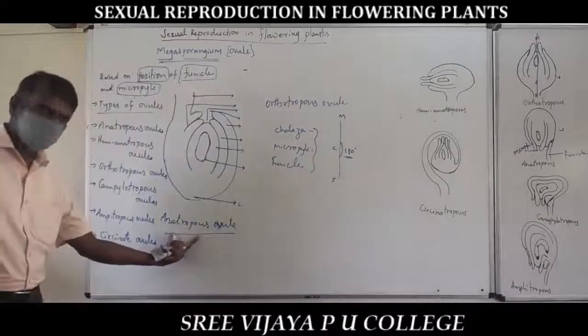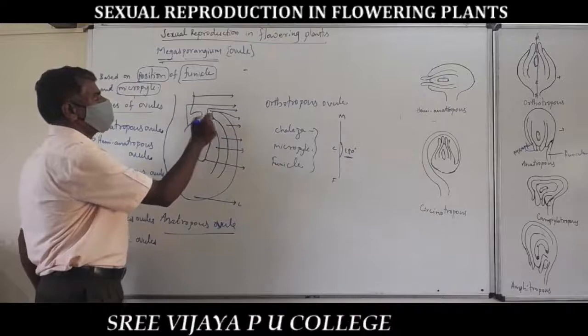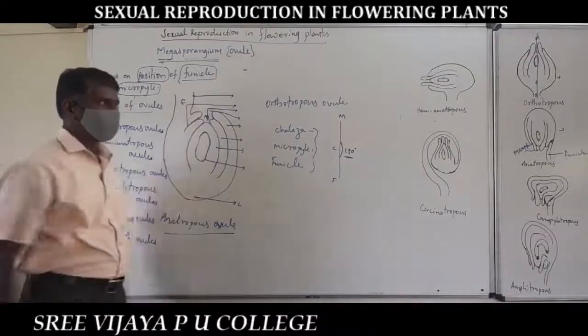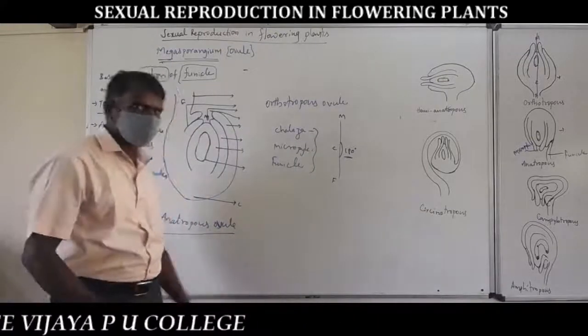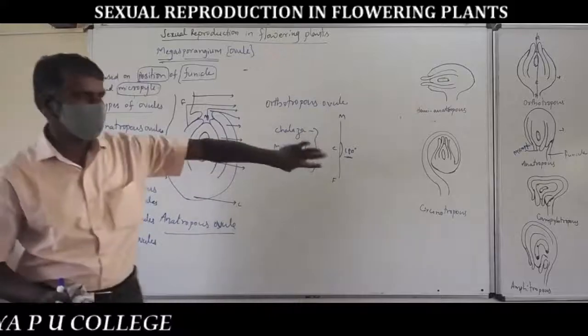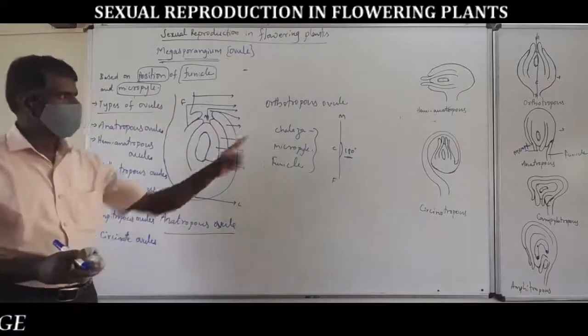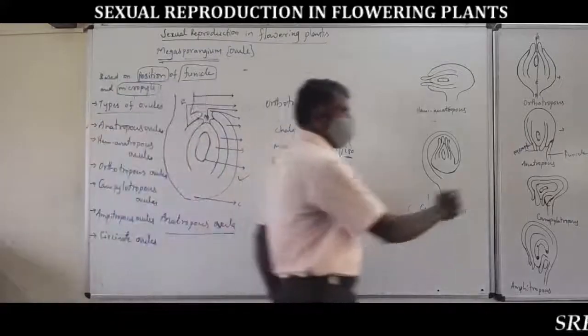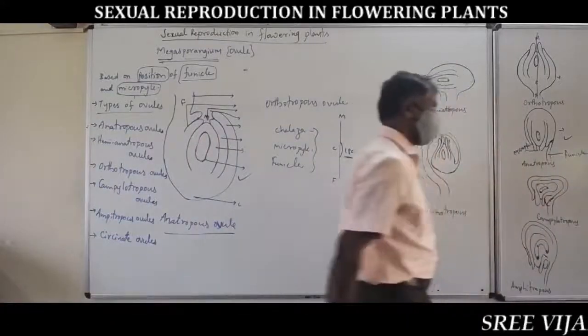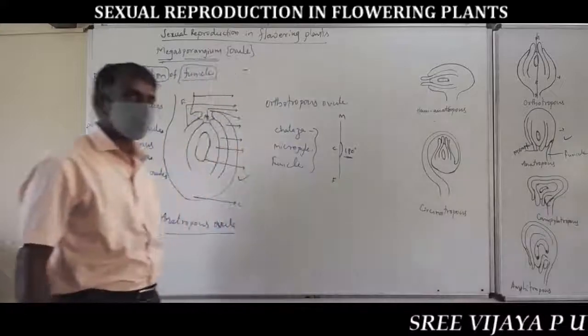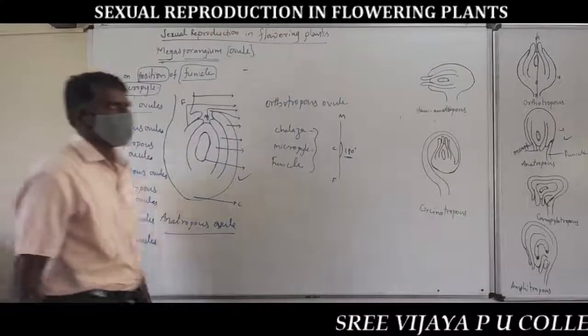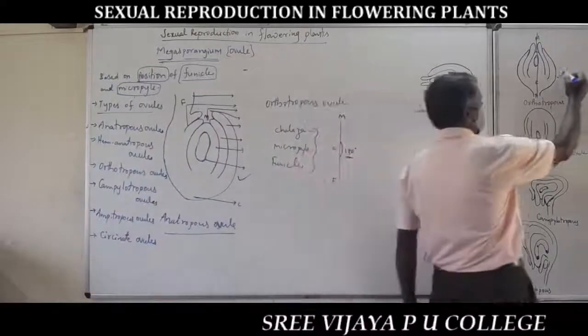In the anatropous ovule, the micropyle is near the funicle, as shown in the diagram. So we write there inverted, we write here upright, so both are the same. Both are anatropous ovules.